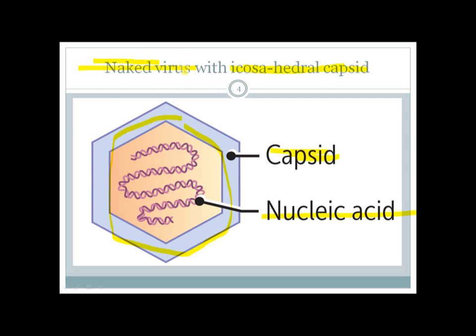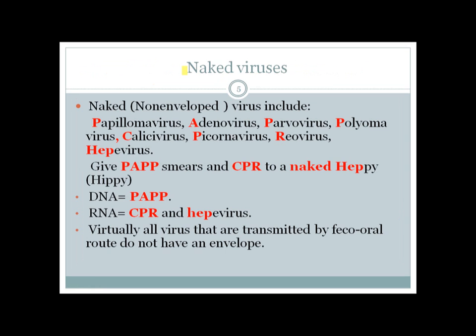There is another type of virus called an enveloped virus, which I will discuss later. Naked viruses can be either DNA or RNA viruses, and for them I have a mnemonic which I brought from First Aid 2015 edition. Suppose you are in a clinic and a hippie comes in, supposedly naked, and she needs CPR because her vitals are not good.